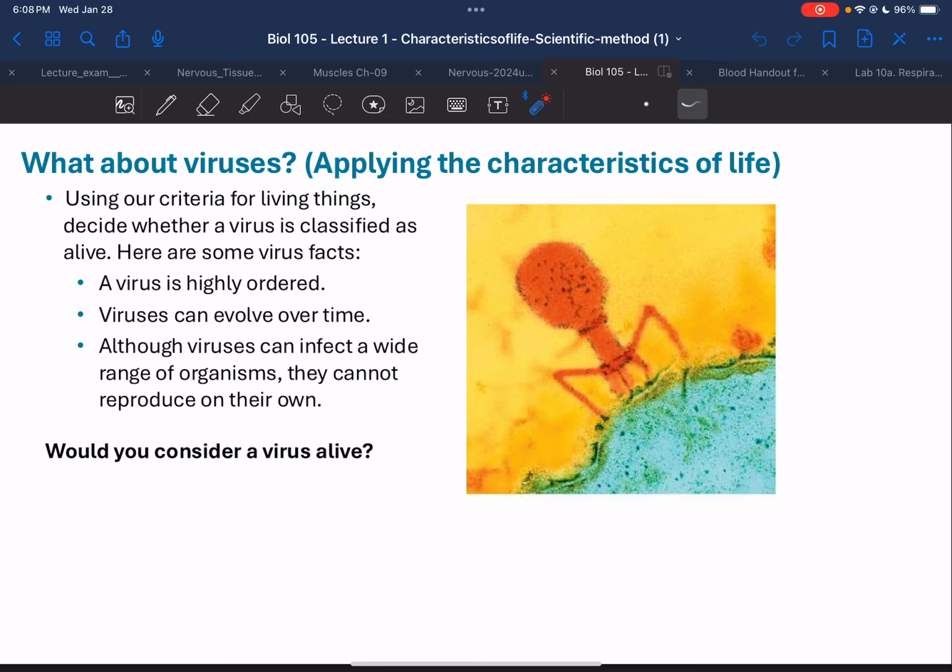And so this means, though, that they cannot reproduce on their own. And so let me give you a little fact about that. When viruses find cells, they inject their DNA content, and this isn't perfectly correct, all right? We're going to say their genetic content.